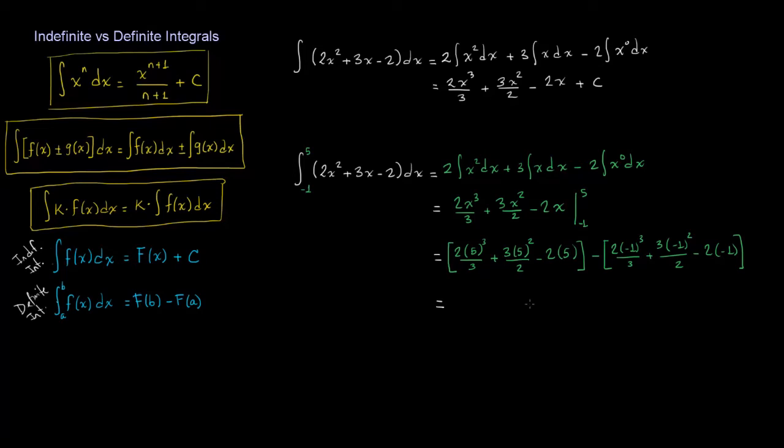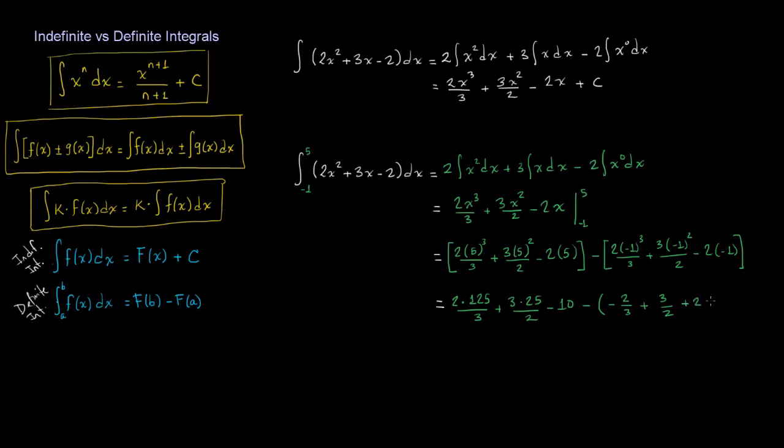Here, 2 times 5 to the cube is 125 over 3, plus 3 times 25 over 2, minus 10. Here I'm going to use the minus sign. I'm going to solve first here: -1 to the third will be negative 2/3, here will be plus 1 squared. Negative 1 squared is positive 1, so it will be 3/2.